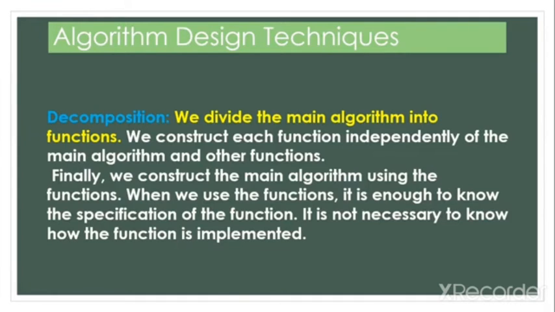So we construct each function independently of the main algorithm and other functions. Normally an algorithm has a set of instructions, each algorithm does its own work, and if we combine all the results they give, finally we will get the result here. For each algorithm, for each function also, it has its own specification.